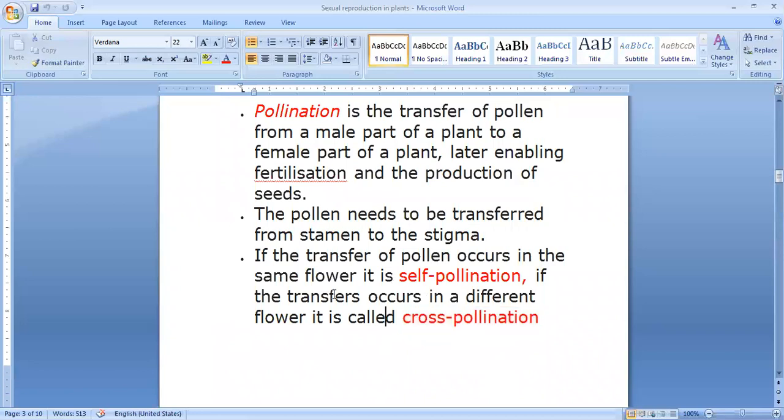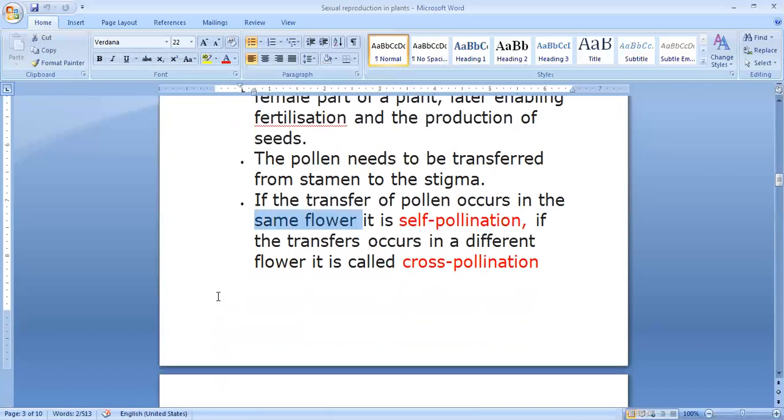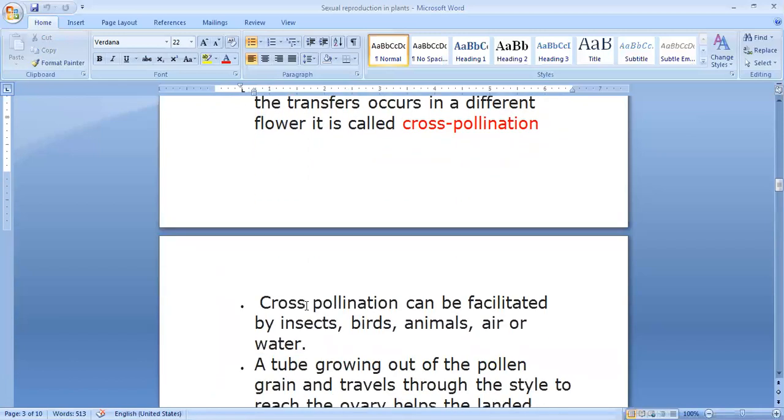Self-pollination means transferring of pollen grain from the male part towards the female part of same flower. Whereas cross-pollination means transfer of pollen grain from one flower to different flower. Plant should be also different. So it is called as cross-pollination.